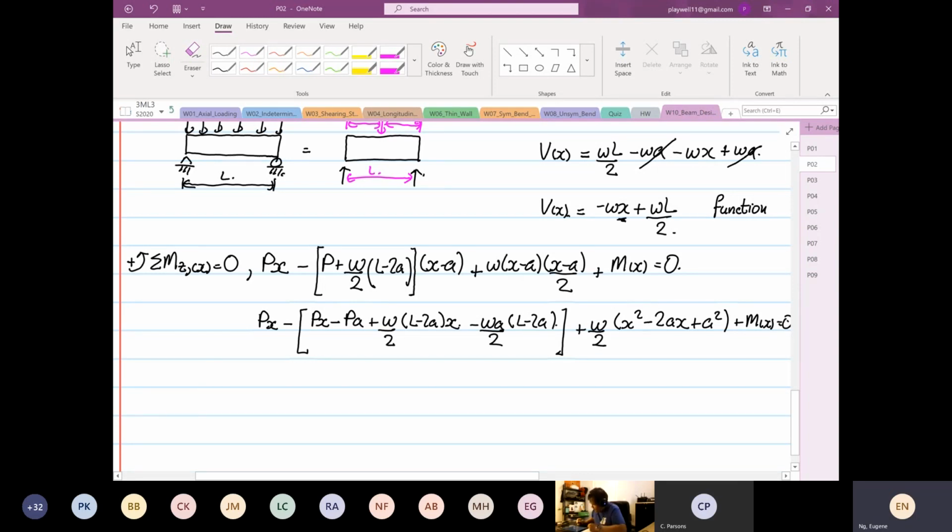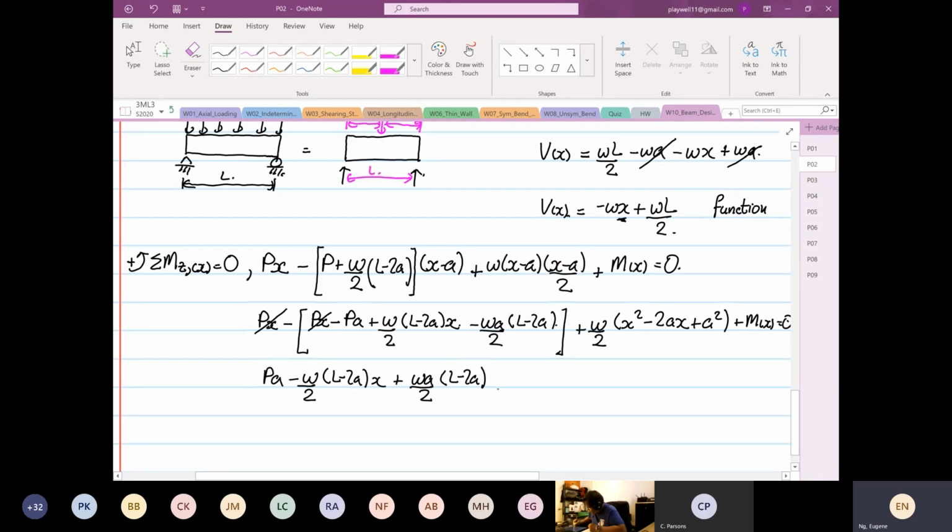When we open up the bracket, we can get rid of these two, minus minus plus, so you have Pa minus omega over 2 (L minus 2a) as a function of x, so minus minus plus omega a over 2 (L minus 2a).